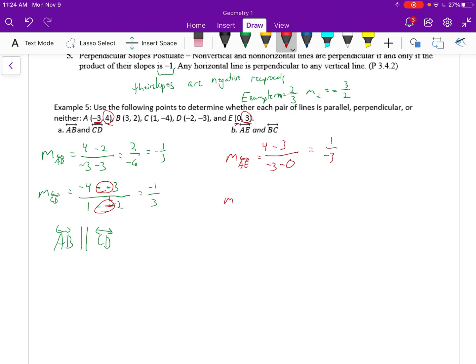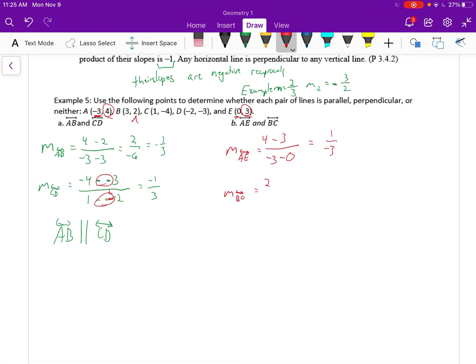And then the slope of line BC. B, so that's 2 minus negative 4 over 3 minus 1.